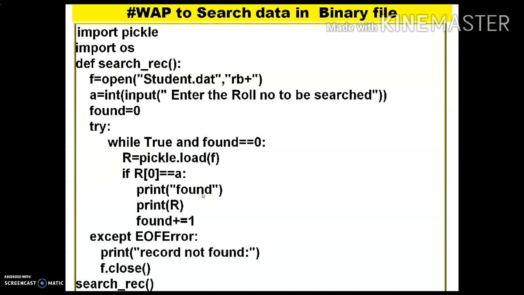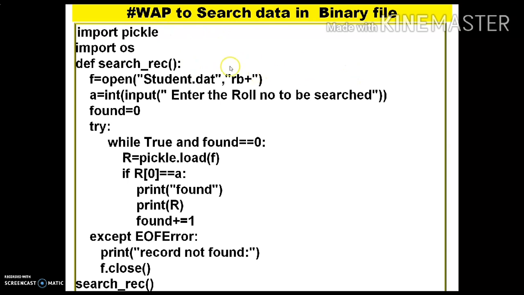Now the first program is how to search the data in the binary file. Whenever you are searching, you go to the beginning of the file. If you recall my last video, when you are accepting the roll number, name and percentage, suppose you would like to search with respect to the roll number.